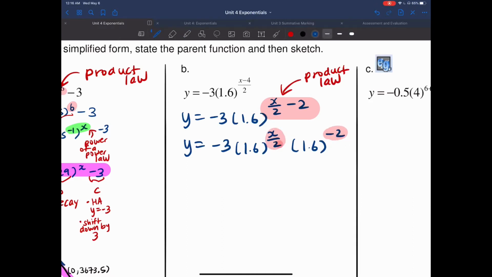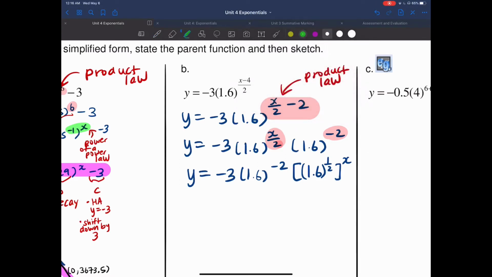Meanwhile, as a next step, I'm noticing that my x over 2 can also be split up by the power of a power law. So I'm first going to bring that 1.6 to the exponent -2 to the front so it can become part of the a value. So I'm going to have 1.6 to the exponent 1 over 2 in square brackets to the exponent x.